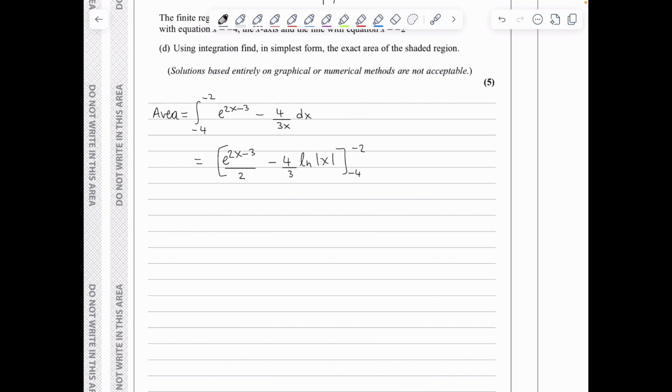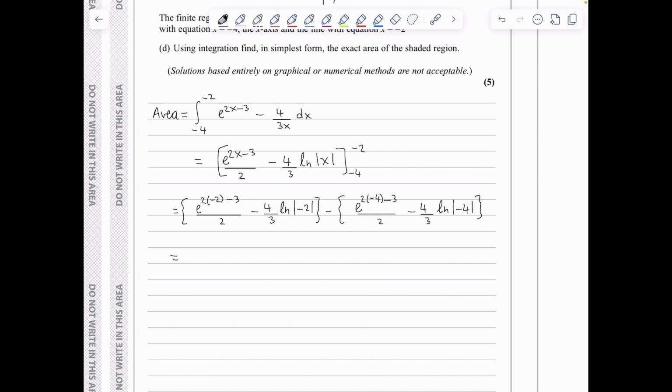Let me substitute the upper limit. So we've got e to the 2 times negative 2 minus 3 over 2 minus 4 over 3 ln of the absolute value of negative 2, minus the lower limit, so e to the 2 times negative 4 minus 3 over 2 minus 4 over 3, and we've got ln of the absolute value of negative 4.